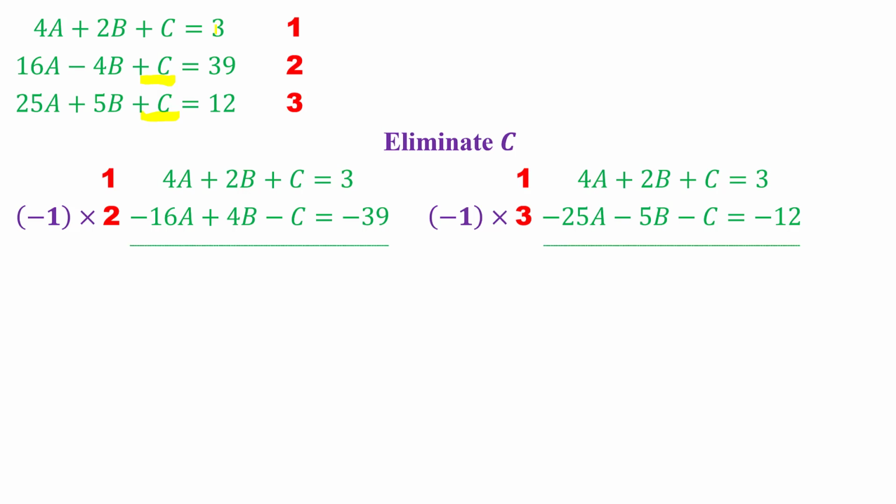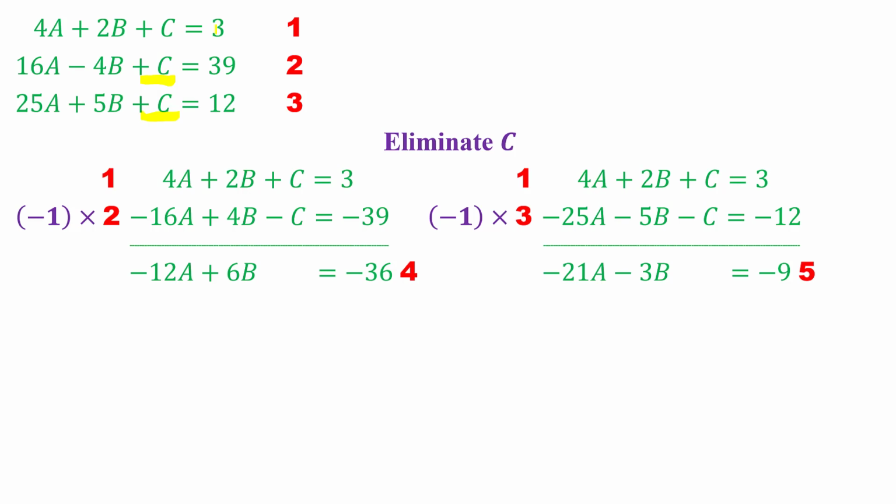We add these equations together, resulting in, first of all, -12a + 6b = -36, and we'll call that equation 4. And then adding equation 1 to the negative of equation 3, we get -21a - 3b = -9, and that will be our equation 5.